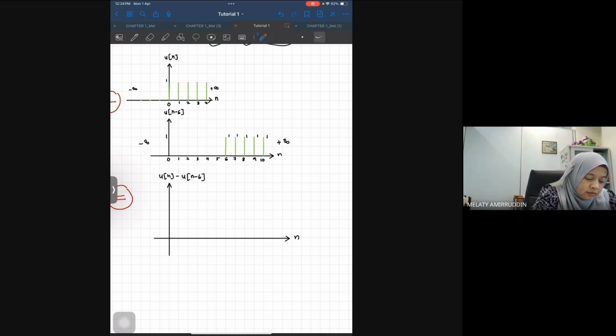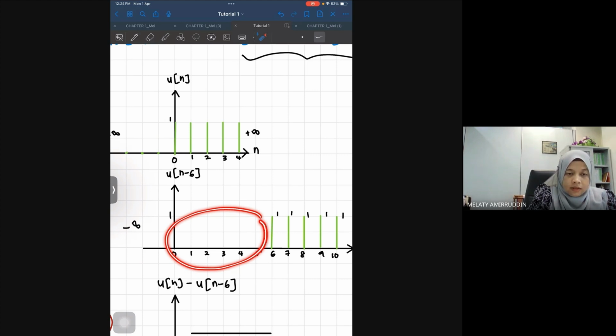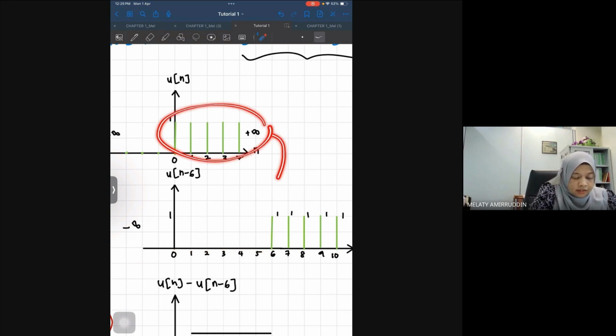So this one, you have amplitude, right? The first signal, you have amplitude minus 0. This is 0. The amplitude starts at 1 at number 6. So between this, it is 0. So the first signal minus 0, you will get this signal again.